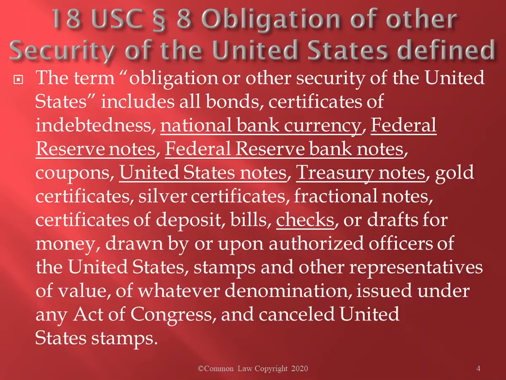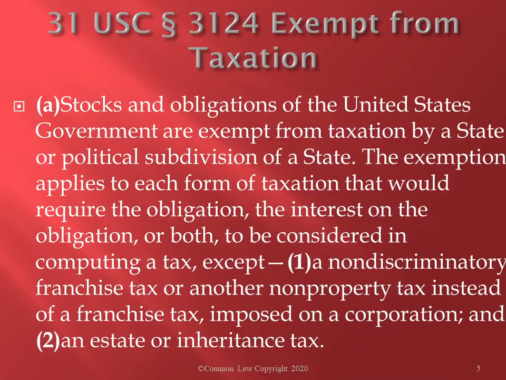Drafts for money issued under any act of Congress and canceled United States stamps. Okay, so you don't think about this. The checks are issued under the Bank Act, right? And so, I mean, all of that stuff is an obligation of the United States.